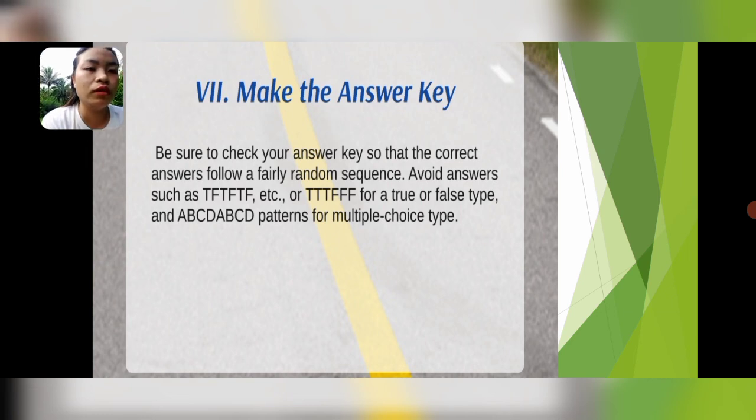So, in making the answer key, you must check that the answers follow a fairly random sequence, and avoid answers like TF if your activity is true or false.